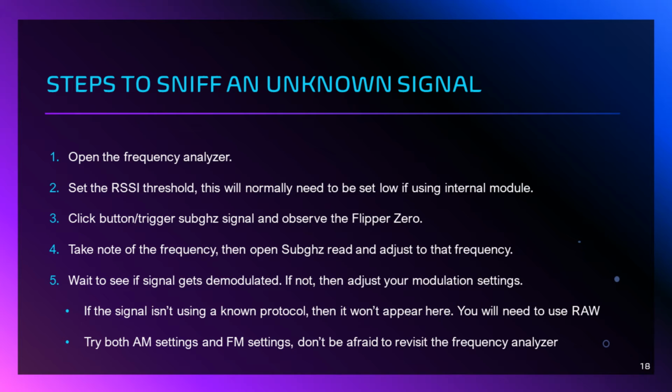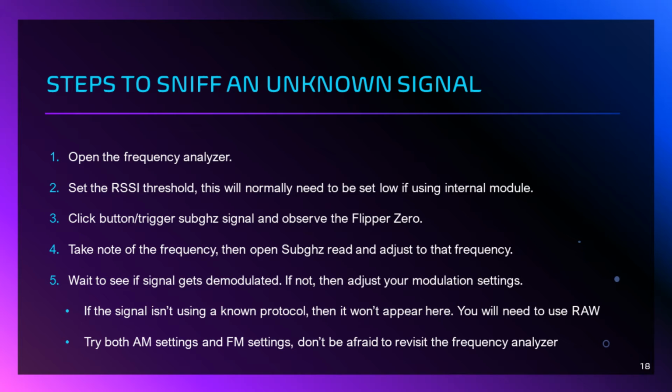Once you have it set, you click the button on your remote and trigger the sub-gigahertz signal, and look at the screen. The screen will tell you what frequency it picks up, and it's quite cool how it does this. It's actually using a variation of frequency hopping, just a very, very fast frequency hop, where all it's looking for is the frequency coming in, and if there's a signal or not.